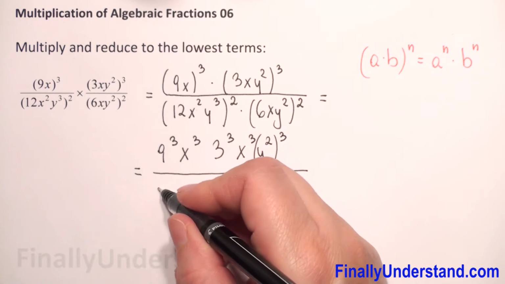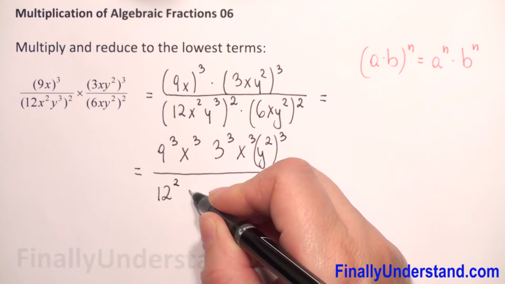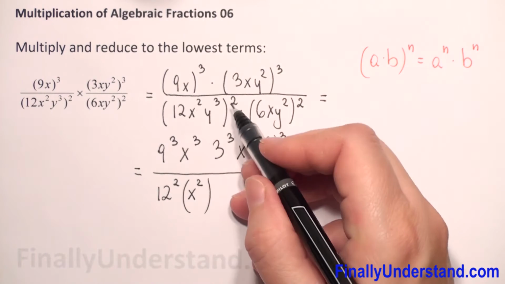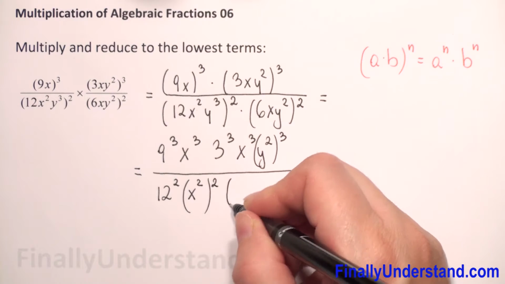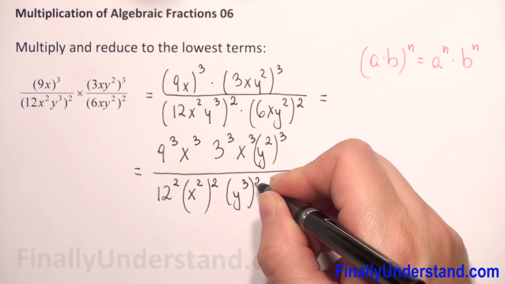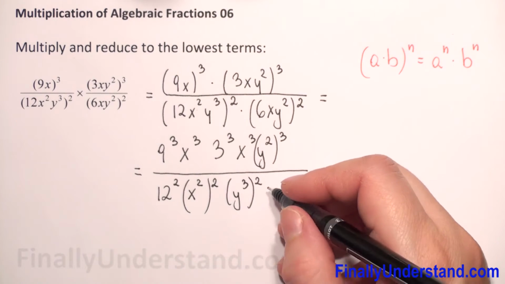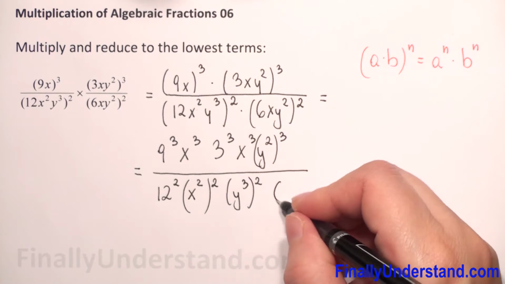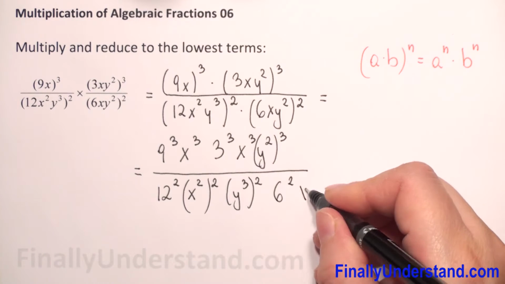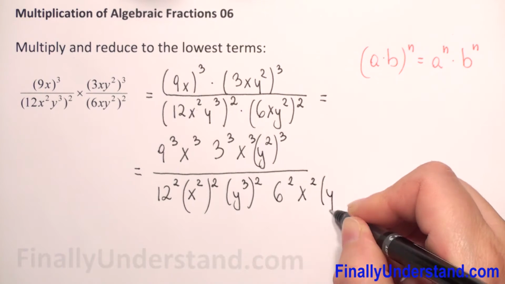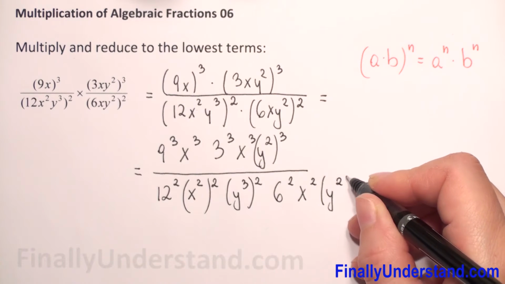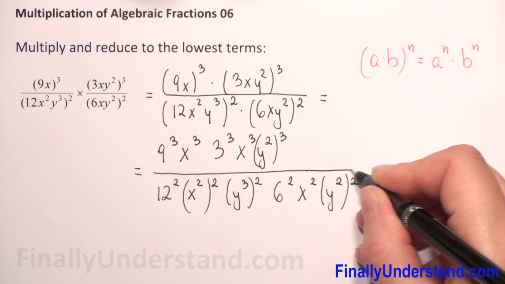We have 12 to second power, x squared, we have to take to second power, and y cube to second power. And we have 6 to second power, x to second power, and y squared to second power.